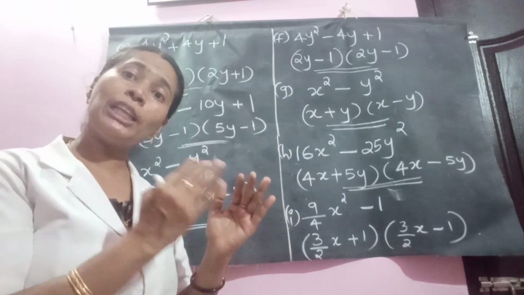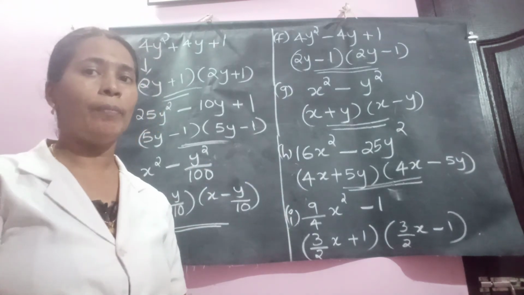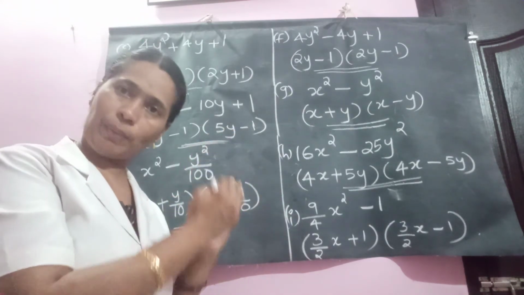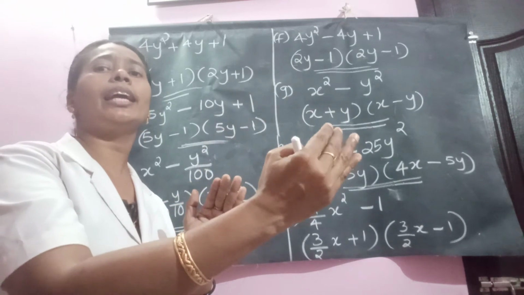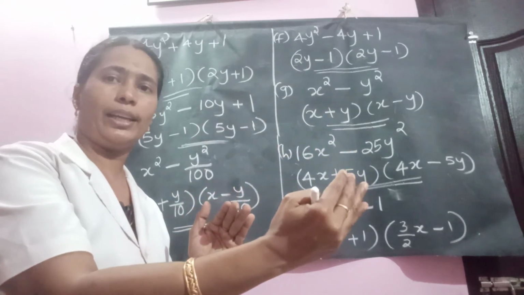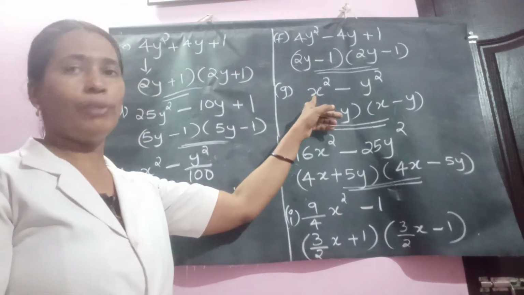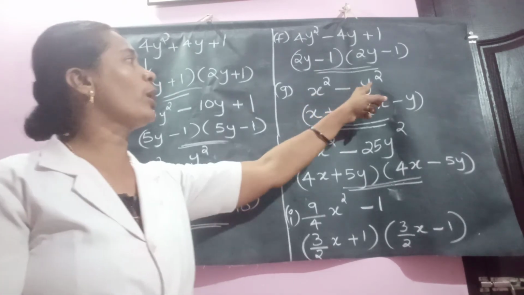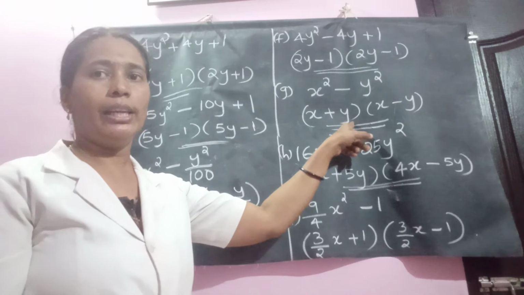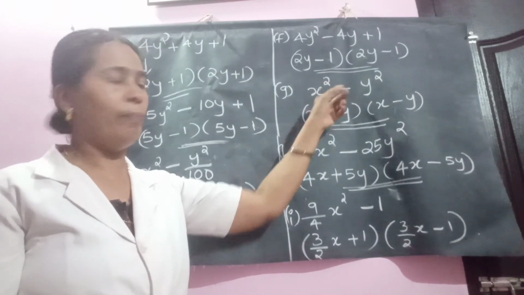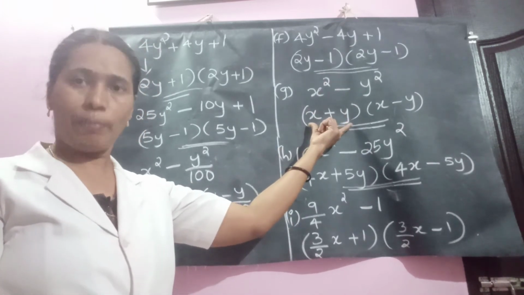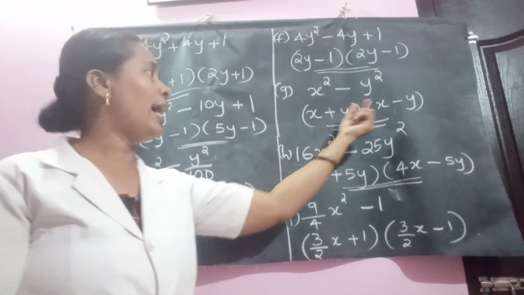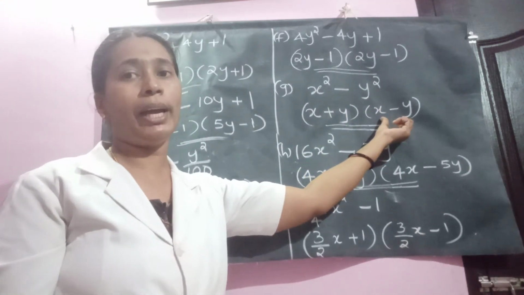If middle term is missing, what we have to split? First bracket x plus a, second bracket x minus a format. Similarly, here also, first you find square root of first number, that is x. Square root of second number, y. Since there is no middle term, our first bracket is replaced by plus and second one is replaced by minus.